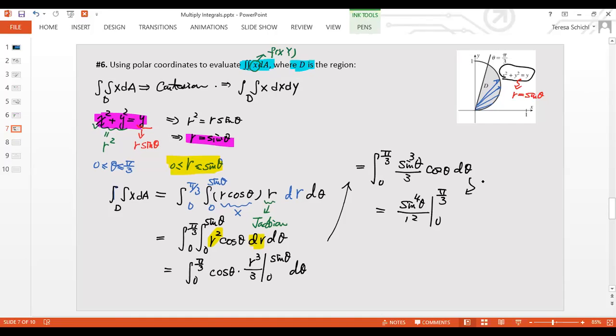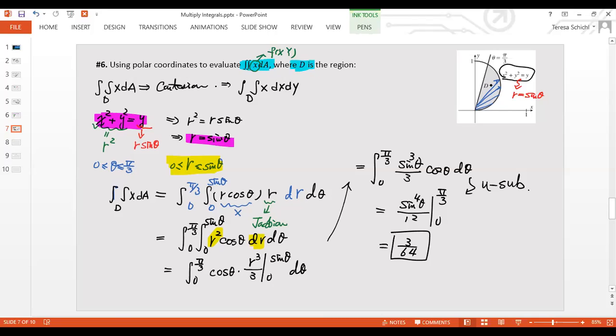Then you will get the answer 3 over 64. So this is how we change the integration from a pretty messy Cartesian plane integration by using polar. That's why you will see the integration turns out pretty easy.